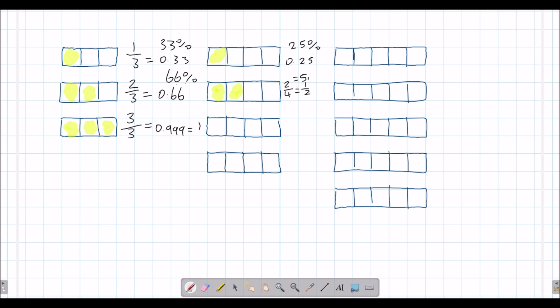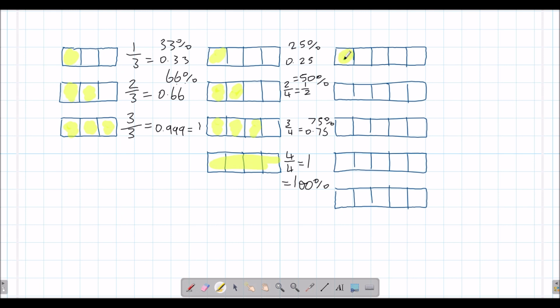That is worth 50%. 3 quarters is 3 lots of 0.25. It's like going up in 25s: 25, 50, 75. So 0.75 is 75%. And then 4 quarters, the whole thing, is the same as 1 whole. And that means it's worth 100%.